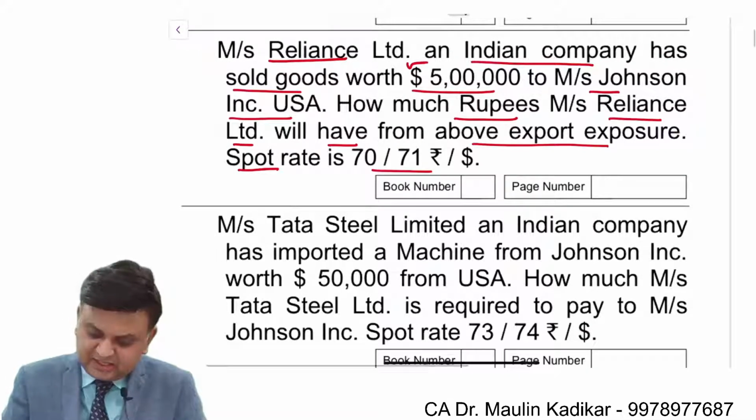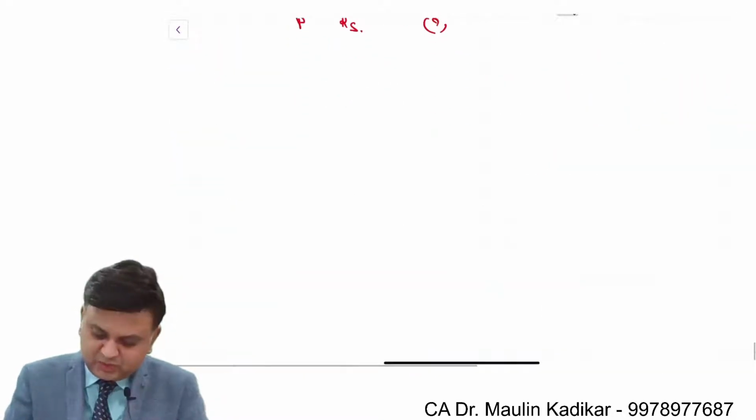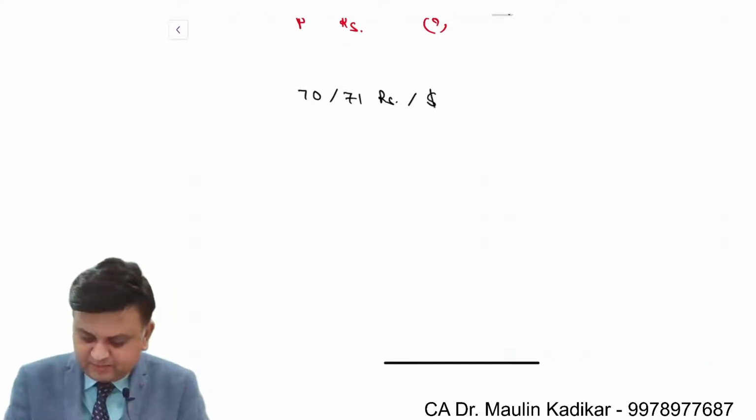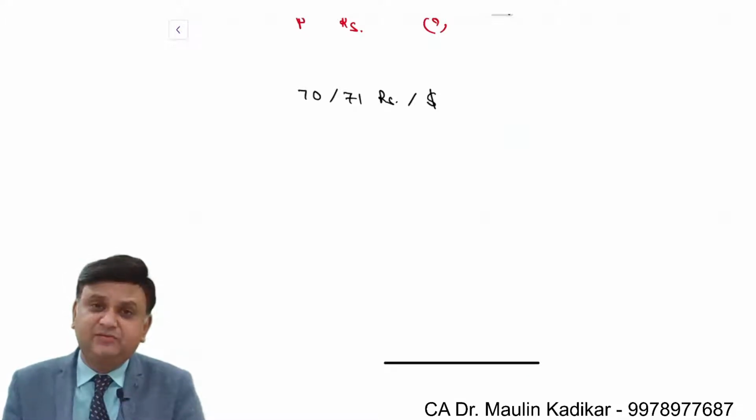The exchange rate is 71 rupees per dollar. So the spot exchange rate is 71 rupees per dollar. Again, we understand logically that the price of dollar is given in terms of rupees.